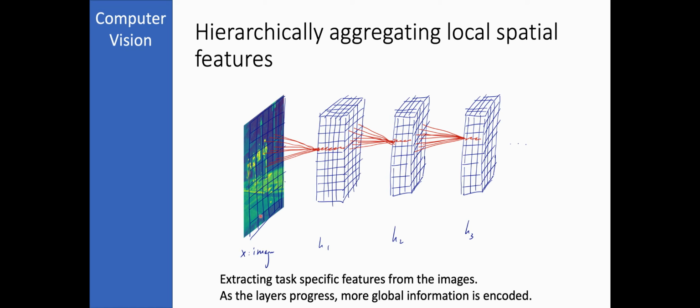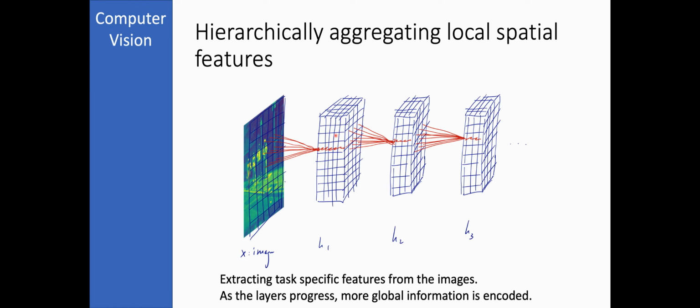If I look at the connection between the input image and the first hidden layer, I see that the representation of a given channel pixel in the first hidden layer has information about a certain area in the image. Now, if I connect the first hidden layer to the second one, here a local area of the first hidden layer is represented. Therefore, this representation has access to a larger area in the image.